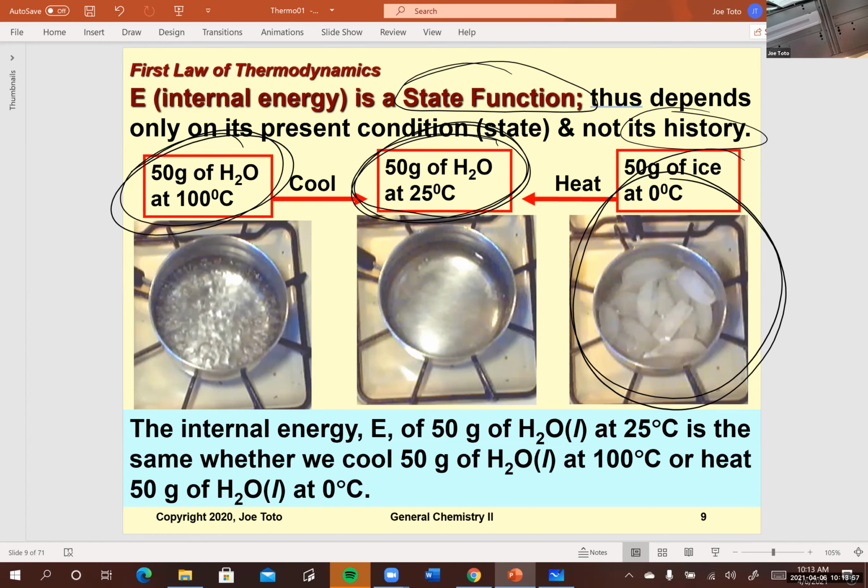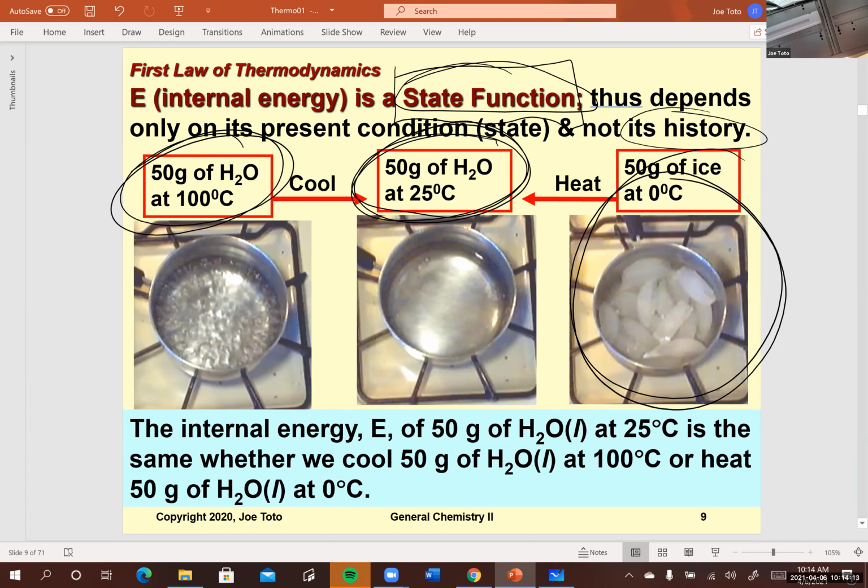I just care about what state it is at that point in time. That type of property is called a state function, and internal energy is one of those. So what does that mean? What's the consequence of being a state function?